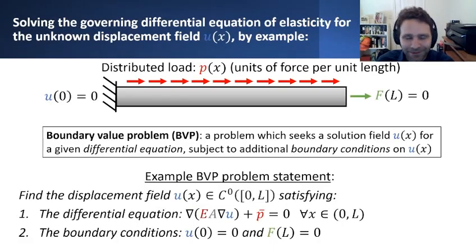At the left end, we'll constrain it from displacing, or in other words, we impose a displacement boundary condition at this left end. And at the right end, the other boundary, where there's only really two boundaries in this one-dimensional object, the left boundary and the right boundary in a one-dimensional domain.